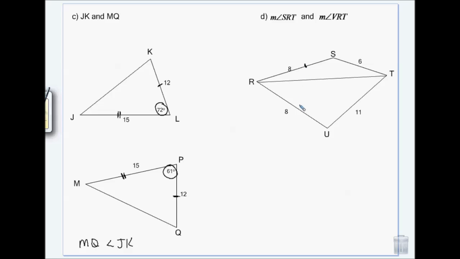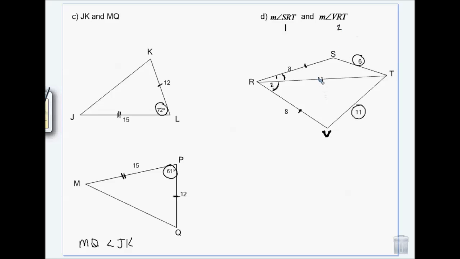These sides are congruent. This side is congruent to itself. I want to know about this angle and this angle, so I'm looking at these two sides. So which angle, if I call this angle 1 and this angle 2. SRT would be angle 1 and VRT, I'm sorry, this should be a V. Change that to a V. And VRT is angle 2.